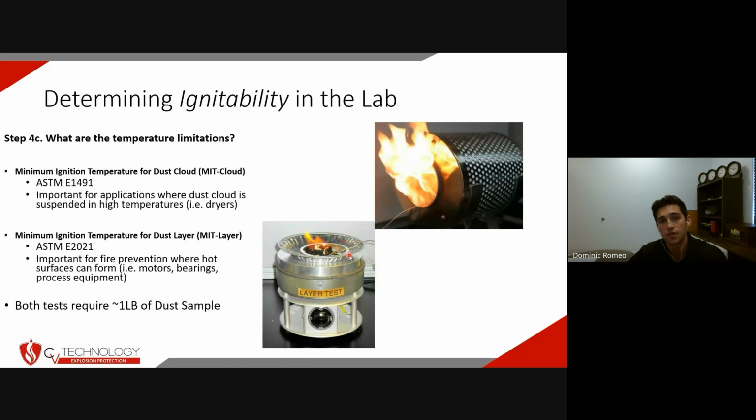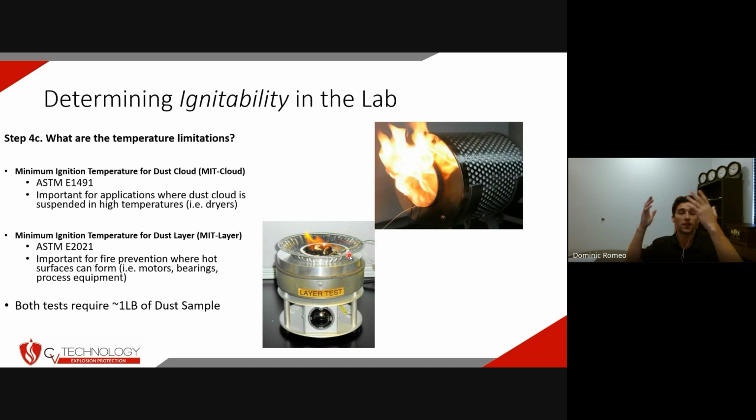And then temperature is also another important thing to keep in mind. So if you have a dryer per se, or any kind of other equipment adding temperature into your process, it's very important to know what that limit is for that dust to start to combust or explode. And there's two different tests here. So there's a minimum ignition temperature in a cloud.